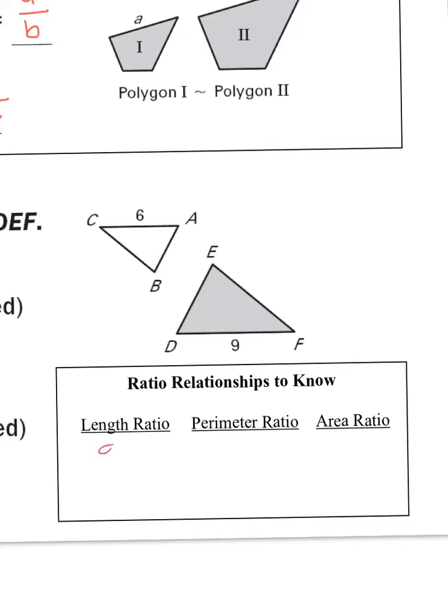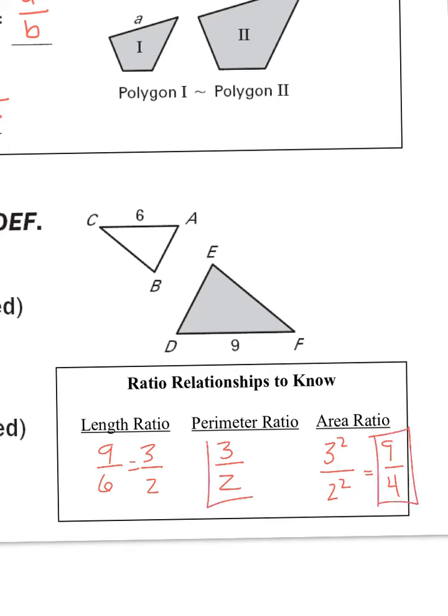Alright, so let's do 9 over 6 equals 3 over 2, and then I take my 3 squared divided by 2 squared, which is 9 over 4. So that is my area ratio. These are my length and perimeter. That's it. That's all we're learning. These two are equal.